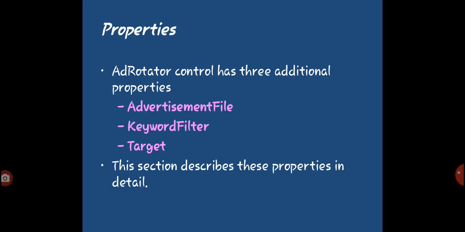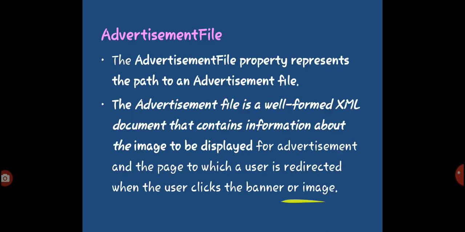And these are the properties of the ad rotator control, namely AdvertisementFile, KeywordFilter, and Target. Firstly, the AdvertisementFile. It is an XML file, a well formed XML document that contains all the information about the advertisement to be displayed.